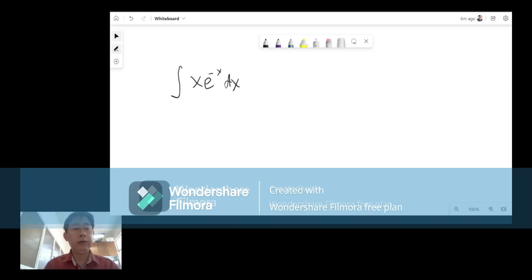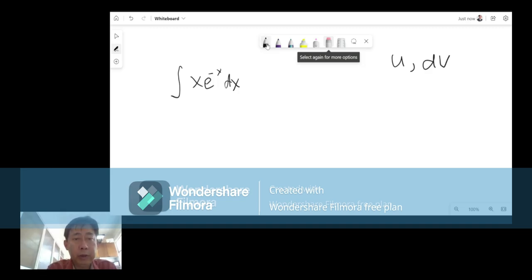Let us look at the first example. The integration we are going to integrate is x times e power minus x. We have to identify which terms in your integration should be identified as u and dv. In this particular example, we are going to identify the function u as x, whereas the differential of the function v, which is dv, is the product of e power minus x and dx.